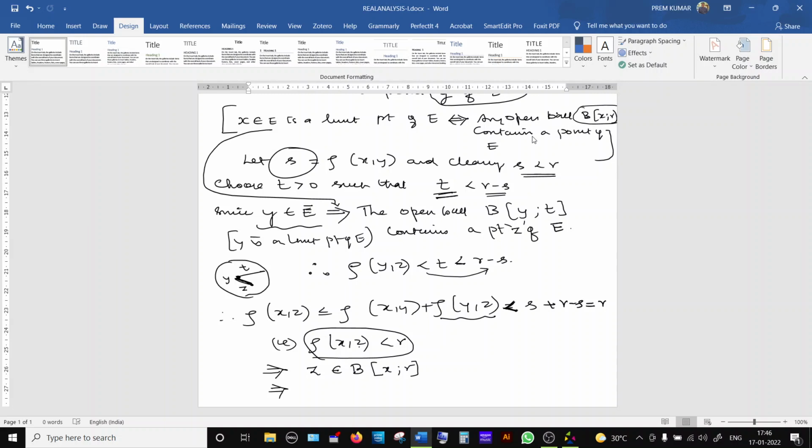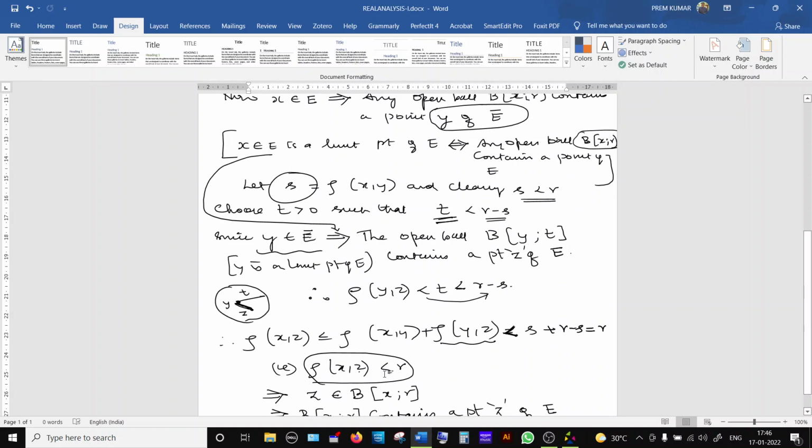So any open ball B contains a point of E, then that point is a limit point of E. So Z is an element of B of X colon R. This implies that this open ball B of X colon R contains a point Z of E. What can you tell from this statement?